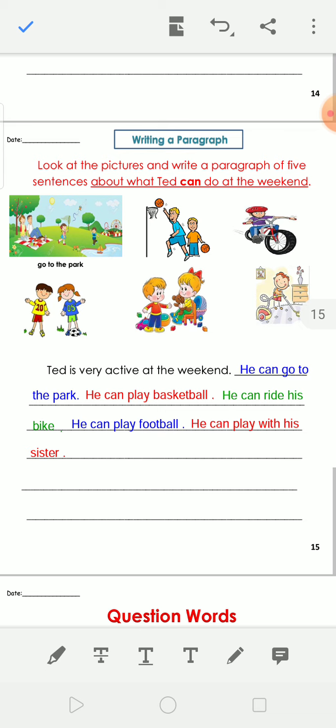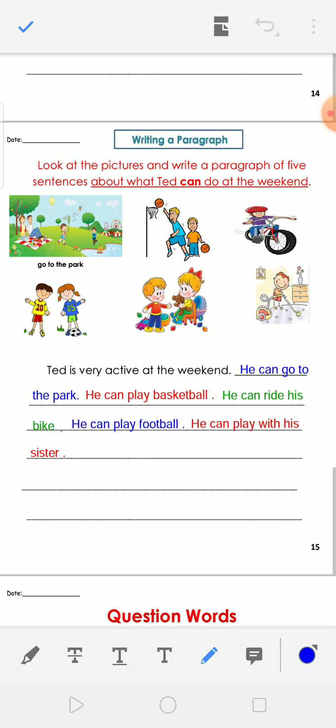Now look at the last picture here and tell me what he can do. What can we write here? That's perfect. We can write, he can clean the room.